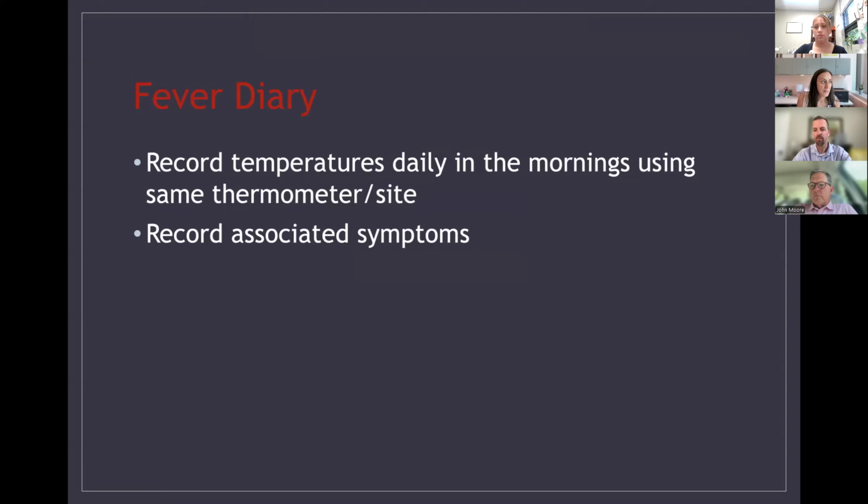I've taken a history, I've done some basic labs, and then I have the parents do the work of recording their temperatures every single day in the morning because everyone's temperature spikes in the evening. Use the same thermometer, use the same site, and then write down any of those symptoms that I asked about. If you see enough of these patients, you can have a handout to check off symptoms, or you can just tell them what you're looking for, and they can just write it on a piece of paper. It doesn't have to be anything fancy.